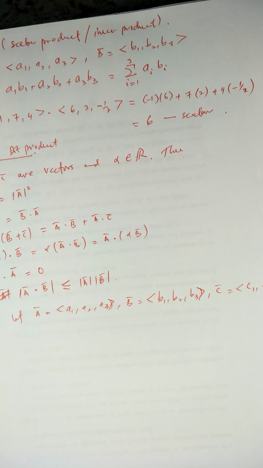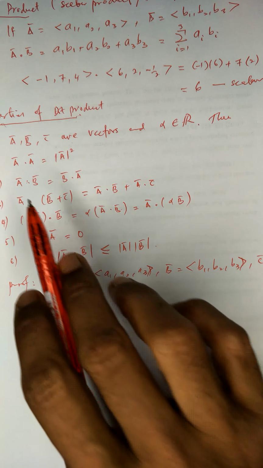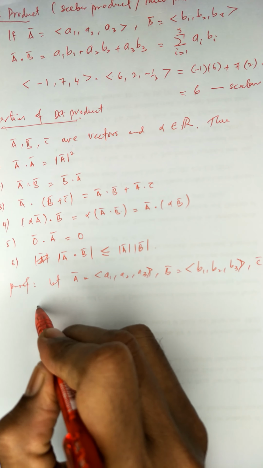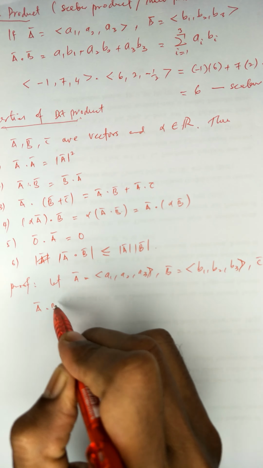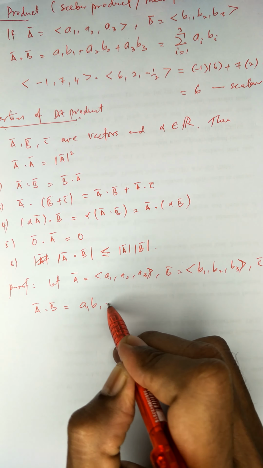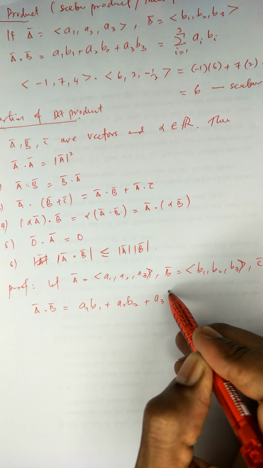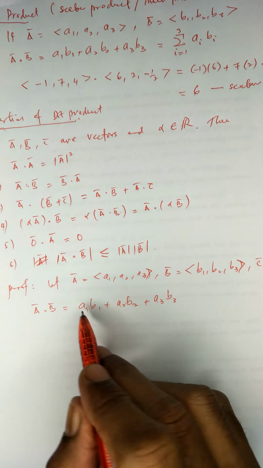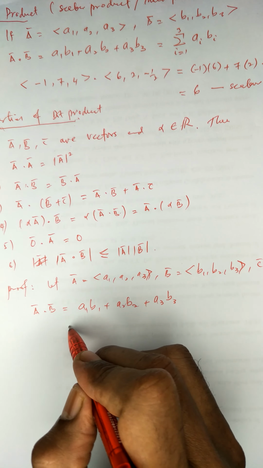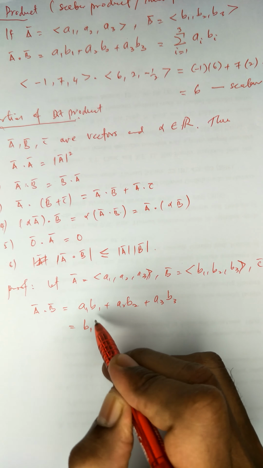Let's say I just show you the simplest one, A dot B. By definition, we have A1 B1 plus A2 B2 plus A3 B3. Because these are just real numbers, you can change the order of those.